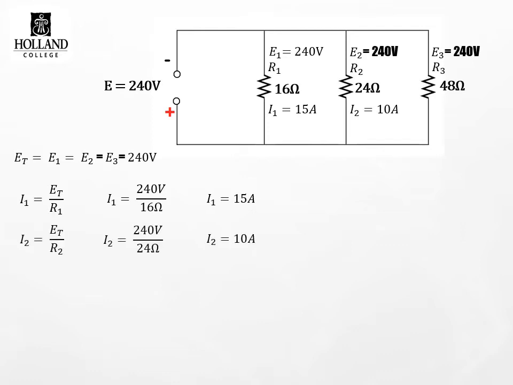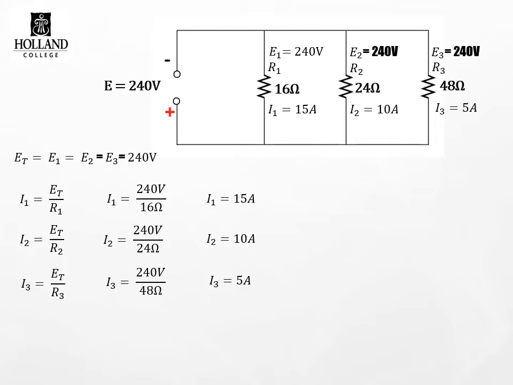Looking at the second branch, it's 240 volts over 24 ohms, or 10 amps of current will flow in the second branch. In the third branch, we have 240 volts, or the source voltage, over 48 ohms. This will permit 5 amps of current to flow in the third branch.